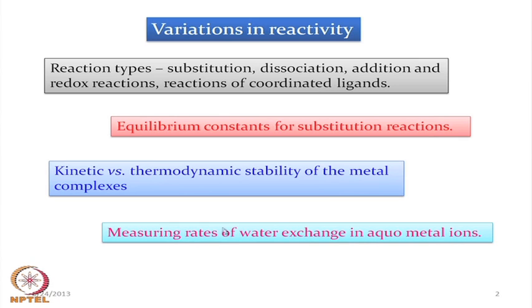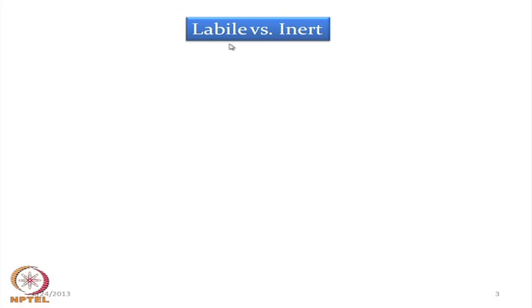Sometimes we can monitor it by some NMR technique or in some cases by isotope effect, that means the water molecules being utilized are isotopically labeled, that means O17 or O18 labeled water molecules, and we can find out the exchange reaction with our parent aqueous complexes. So, we find that we get two different types of compound, one is labile and another is inert.